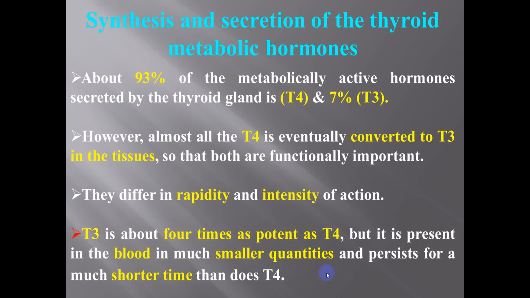And it persists for a much shorter time than does T4. لكن هو من transported للتيشوز راح يتحول ال T4 إلى T3 ويكون الأكتيفيتي مالته أعلى أو الأكشن مالته أعلى وأقوى، فراح يؤدي خلينا نقول الوظيفة المراد من عندها، الفانكشن اللي مطلوب منها عند التيشو أو اللي محتاجها التيشو.